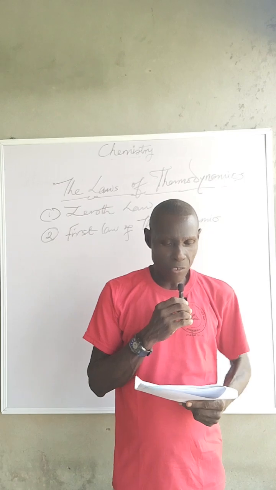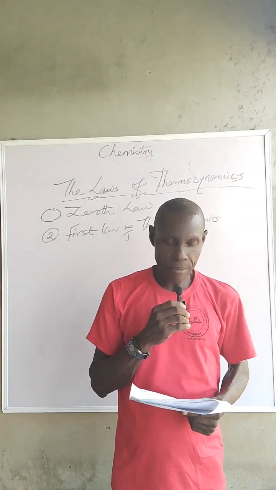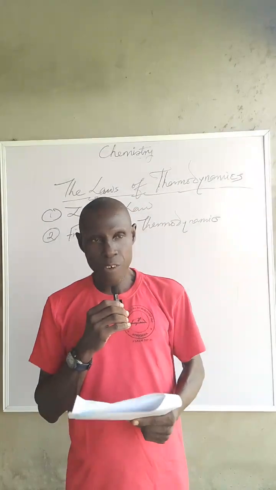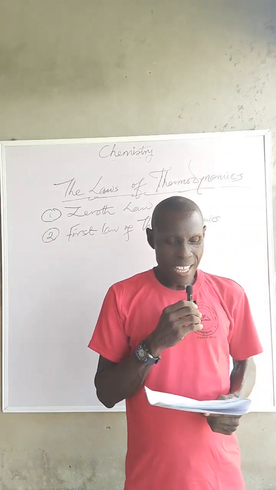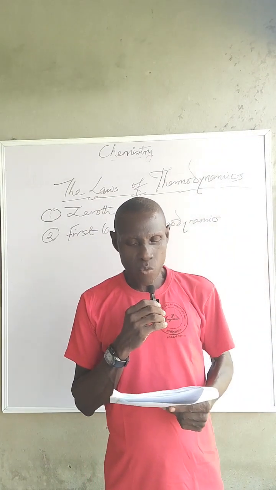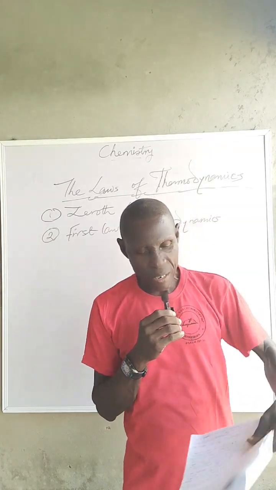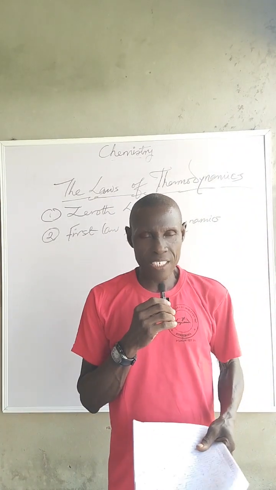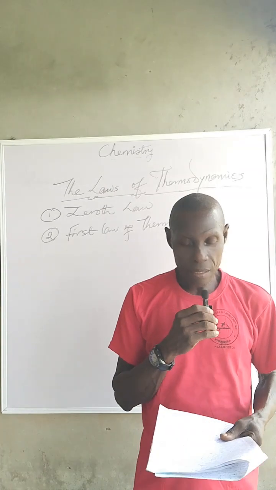Let me explain briefly. Now, we all know that the meaning of thermal is heat, and heat is a form of energy. So the law is saying that if the heat contents of two known systems are in equilibrium with a third one, it means that the three systems altogether are in thermal equilibrium.